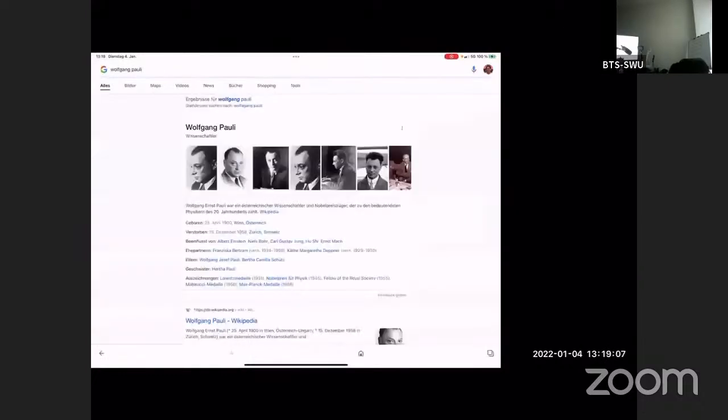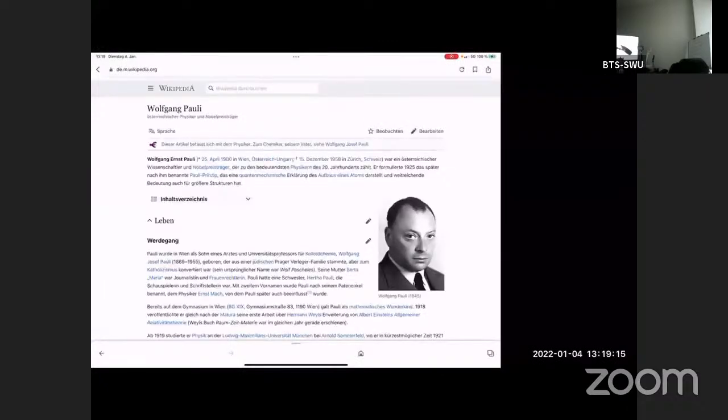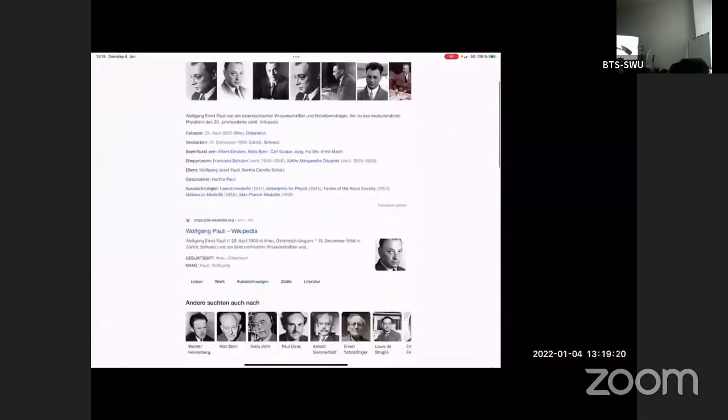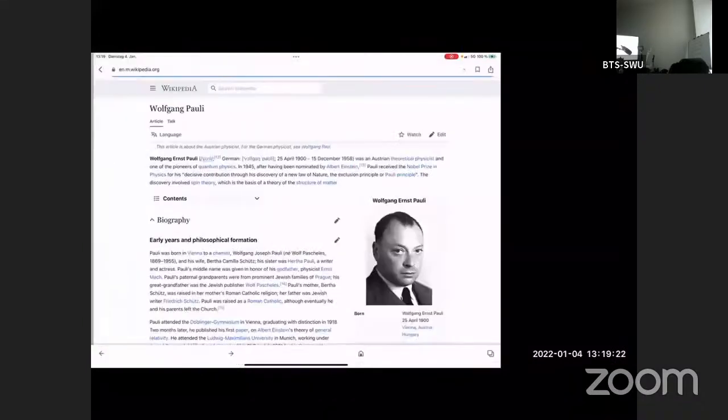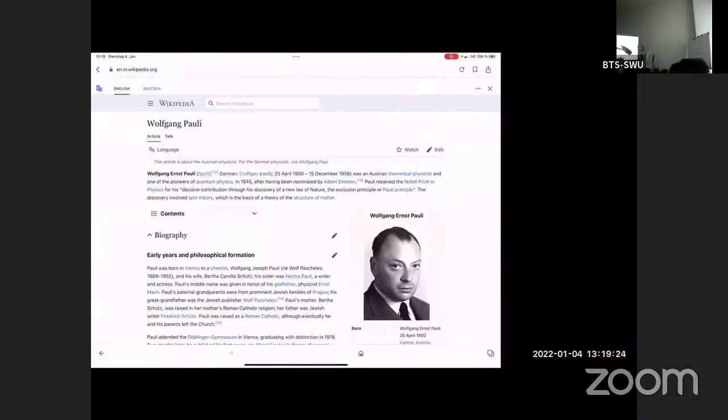This guy is quite meaningful to us in atomic physics and quantum mechanics. Oh no, this is in German. Here, this is Wolfgang Pauli, but his full name is actually Wolfgang Ernst Pauli.